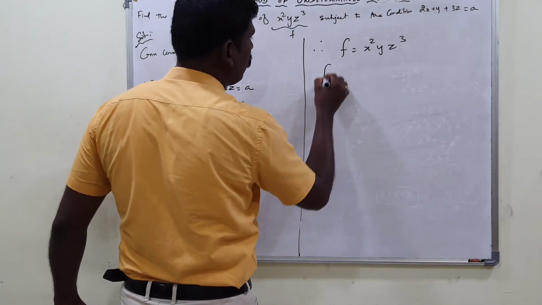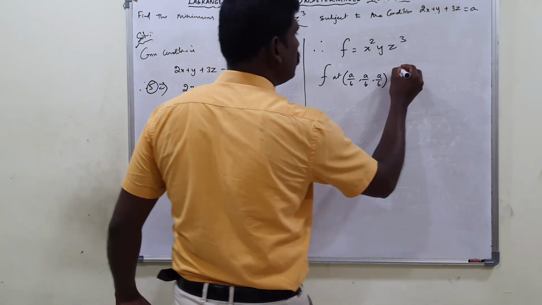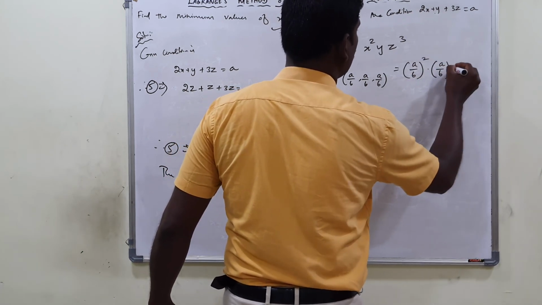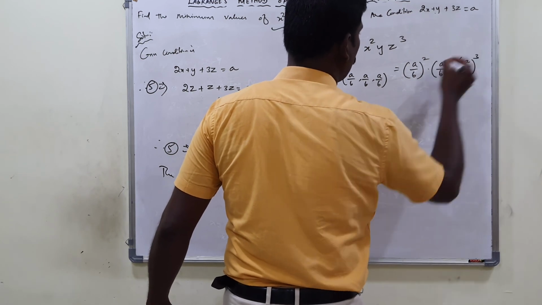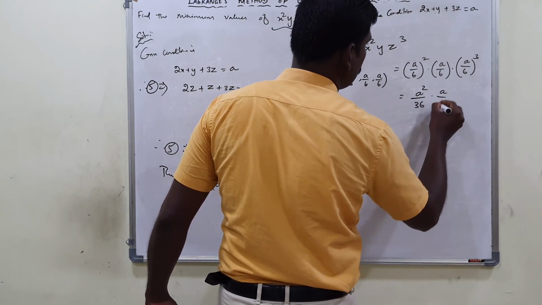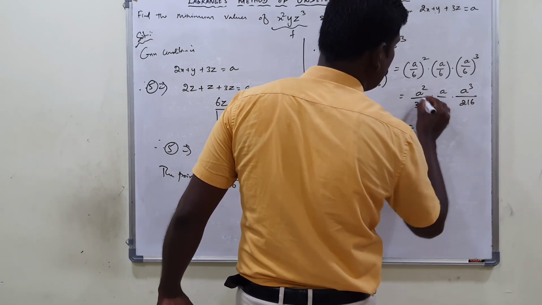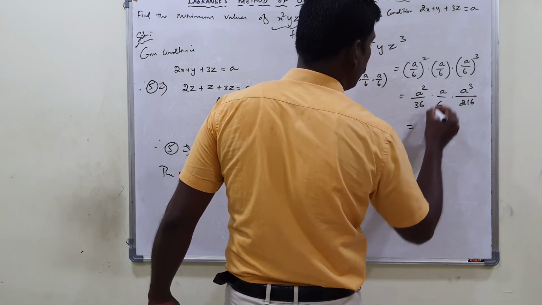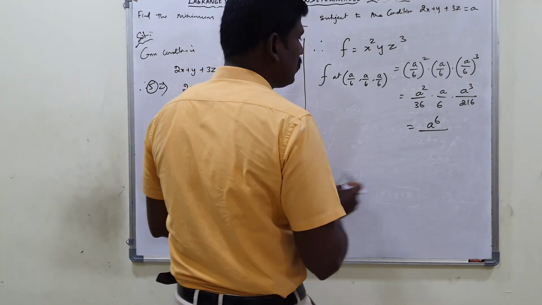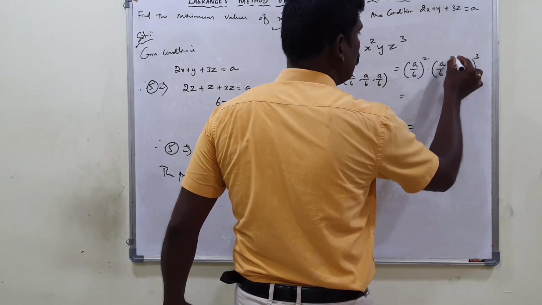So the value of f at a by 6 comma a by 6 comma a by 6 is equal to (a by 6) the whole square into (a by 6) into (a by 6) the whole cube, which is a square by 36 into a by 6 into a cube by 216.